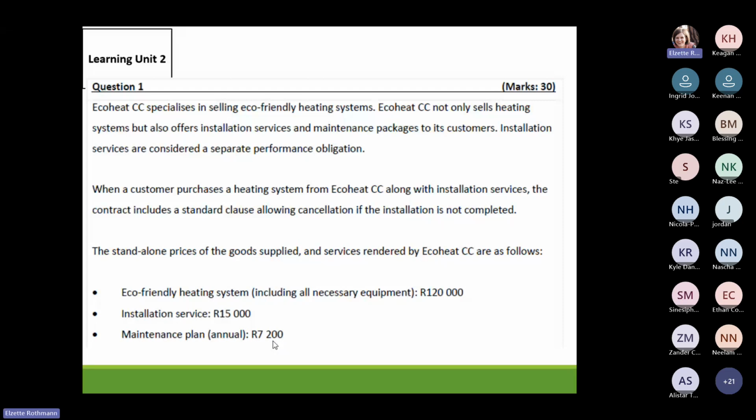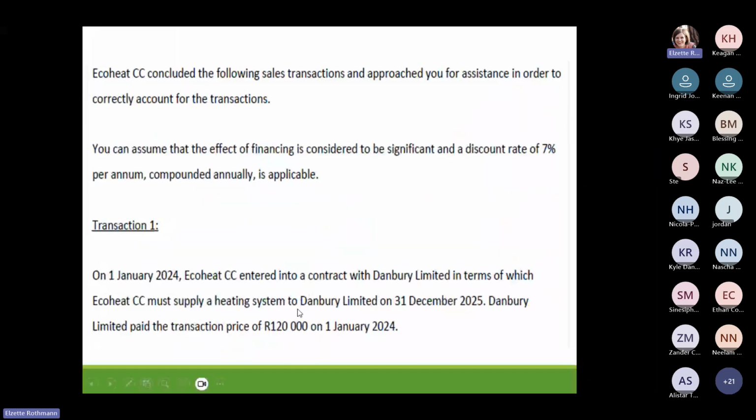Meaning the standalone prices are limited to 130,000 Rand. Because if they purchase it as a package, it's only costing them 130,000 Rand. You cannot recognize revenue of more than 130,000 Rand. Okay, so as soon as you see standalone price, there's a limit. Okay, so I'm going to jump back to the calculations first.